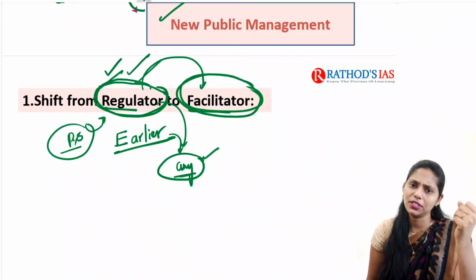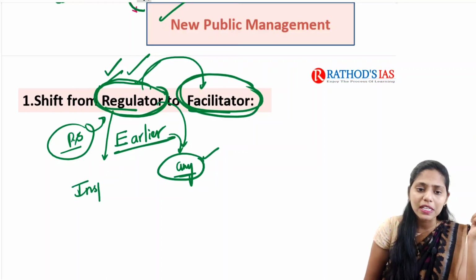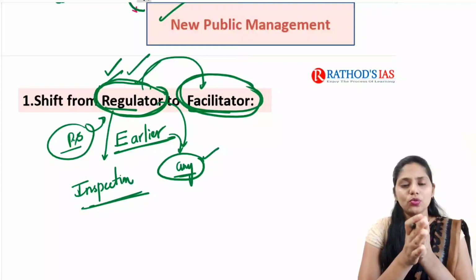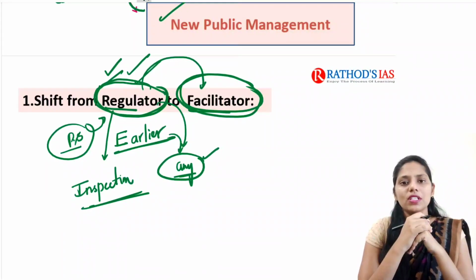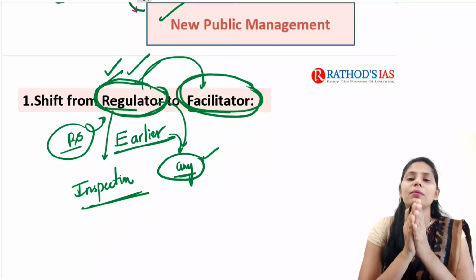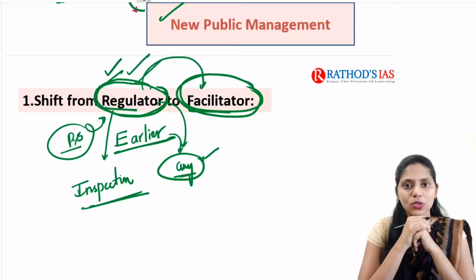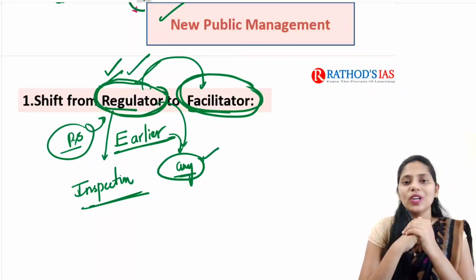So in this regulation, we mainly focus especially on inspection. For example, if there is any contract work or any irrigation work happening, as a public servant responsible for that project, you will go to their places and inspect whether the work is being done or not, and if done, whether the quality of work is there.